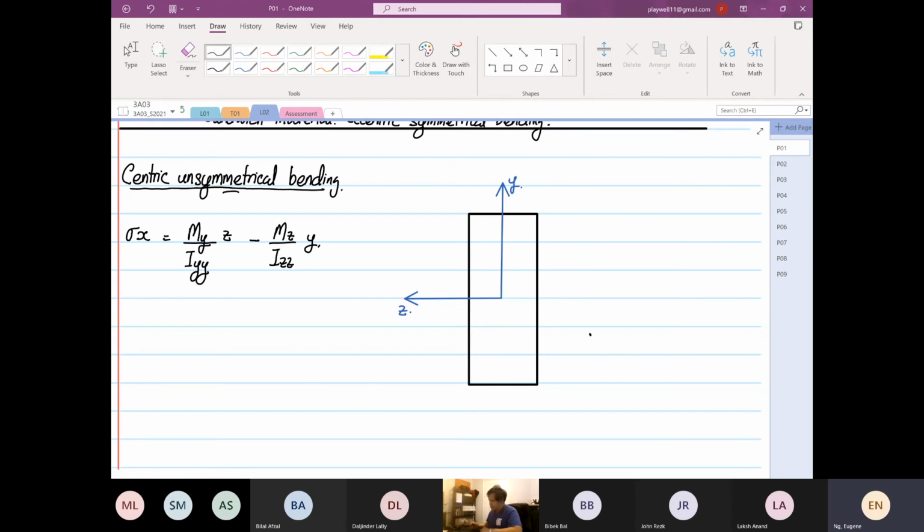What we are trying to do down here is identify the position of the neutral axis.